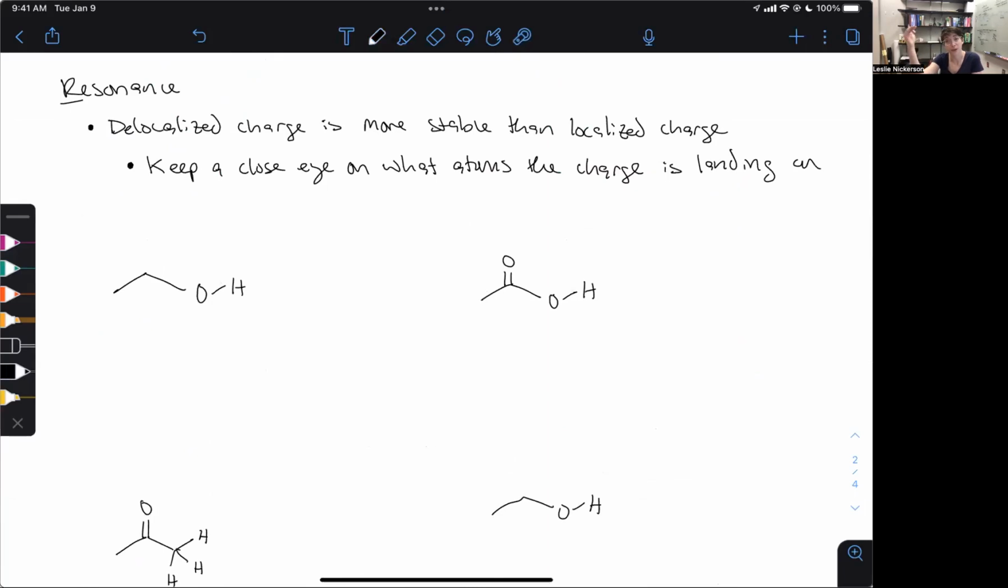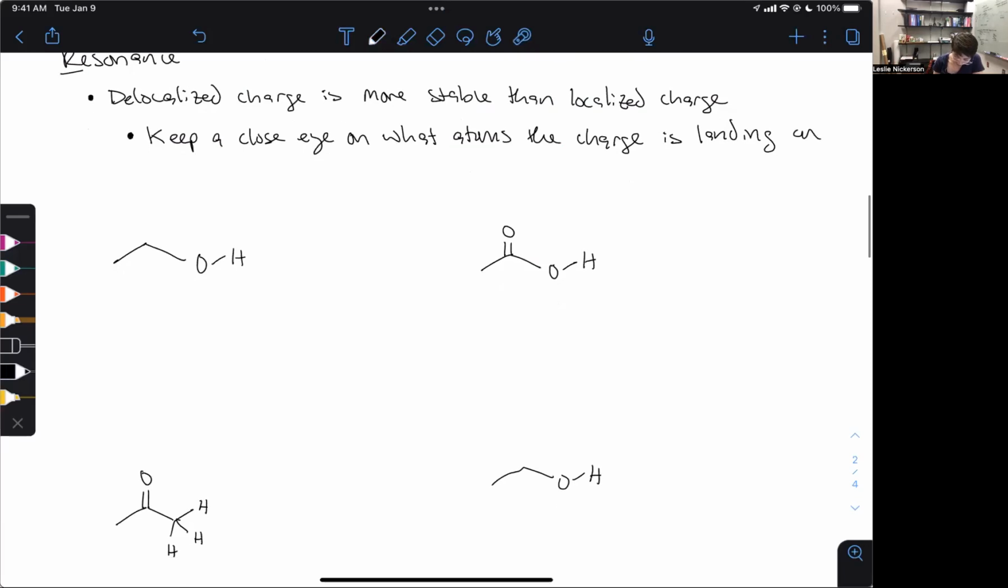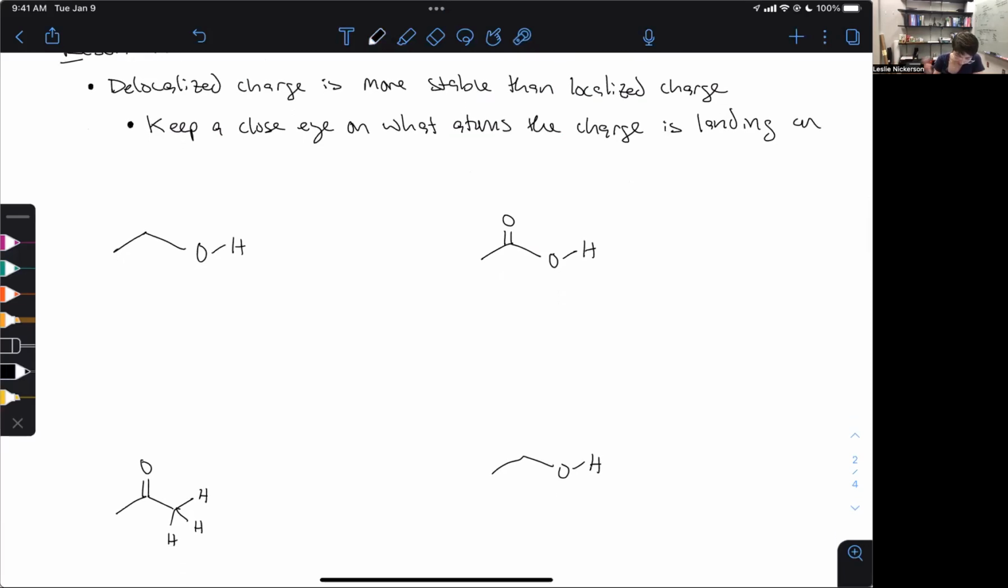That's actually our first top priority. If I have a whole bunch of resonance structures, but they're just putting a negative on a carbon a whole bunch of times, that's not necessarily going to be a more acidic proton, because you're not putting that charge on really electronegative atoms. Okay, so let's take a look at what that looks like.